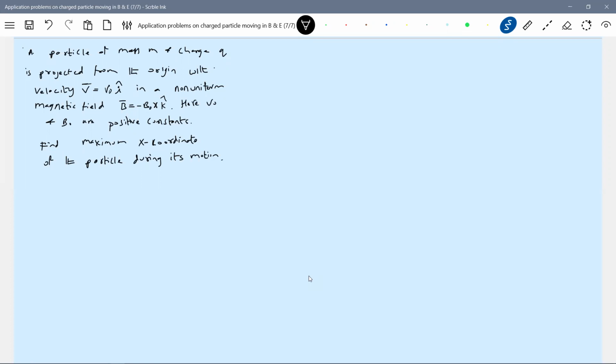Who can produce such a magnetic field? Many wires, many current carrying structures will produce such a magnetic field. Let's not bother.